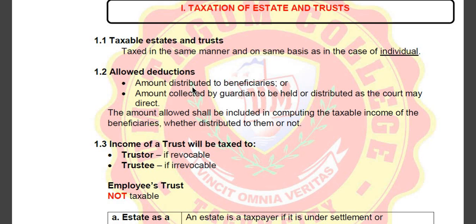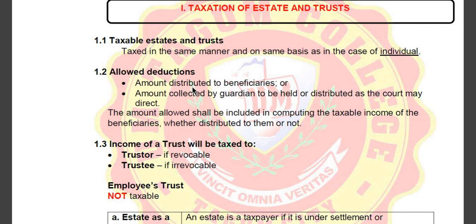Allowed deductions: amount distributed to beneficiaries. So, if the income of a trust or a portion of the income of a trust is distributed to the beneficiaries, then it shall be deductible from the income of the trust subject to tax.